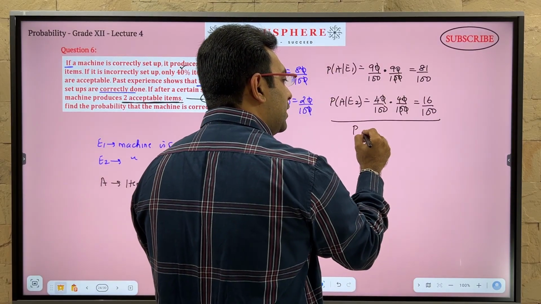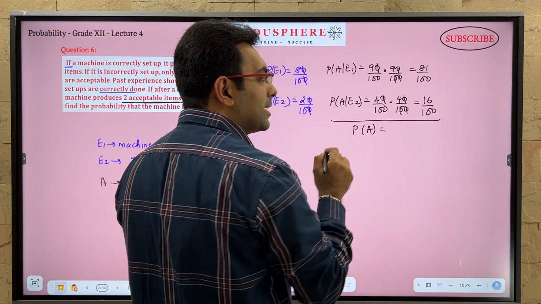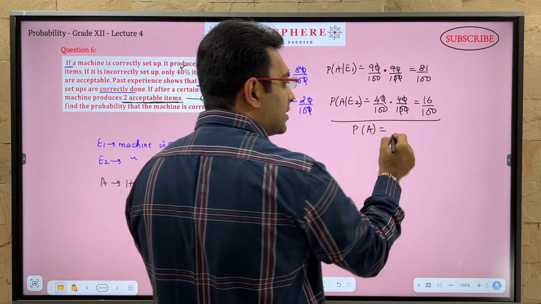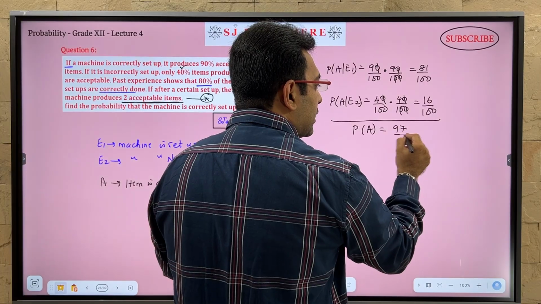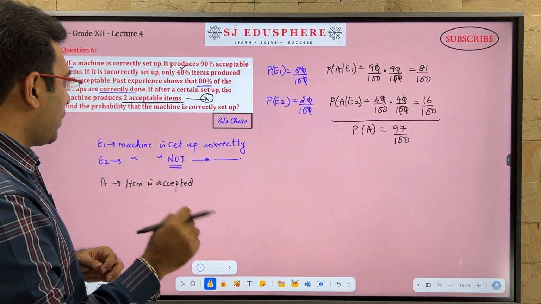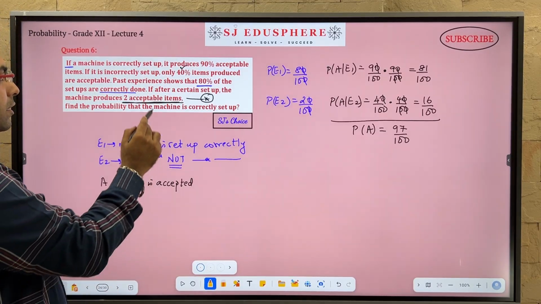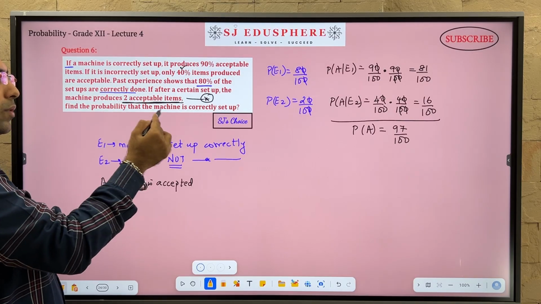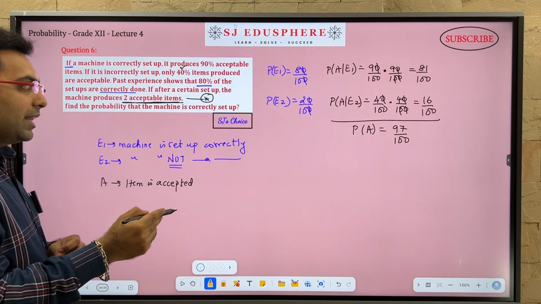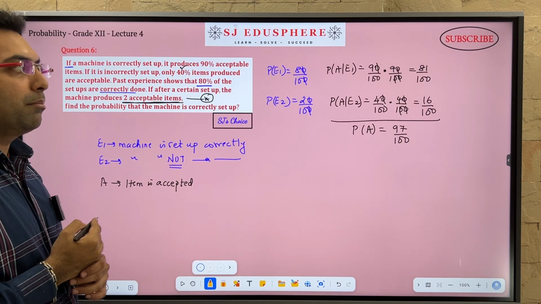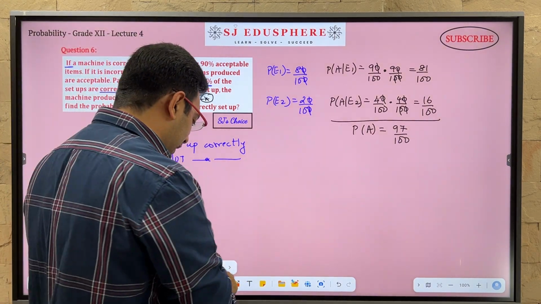The probability of having an acceptable item over here is 81 plus 16 is 97 upon 100. My question says, if after certain setup the machine produces two acceptable items, find the probability the machine was set up correctly.